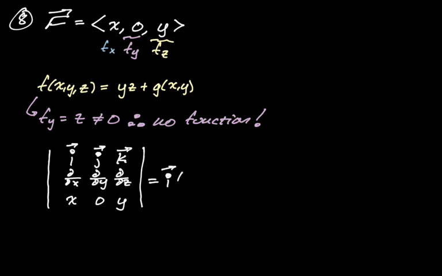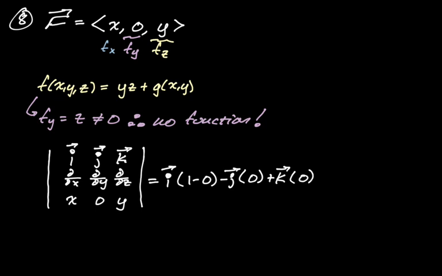So we'll have this, and that's going to give me 1 minus 0. Then it's minus j times partial x of y minus partial z of x, but that's just 0, so it's minus j times 0. And then plus k, and when we do that, it's going to be partial x of 0 minus partial y of x, which is 0.